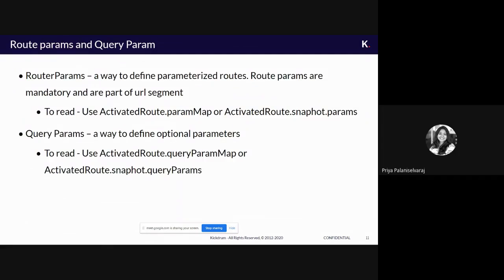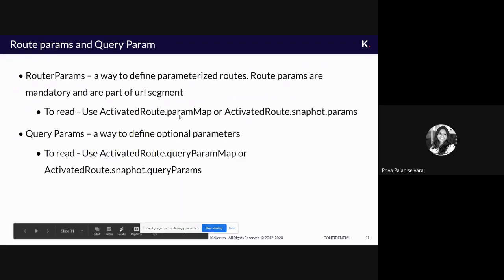Route params and query params. So a route param is nothing but a value passed in the URL. There may be some information in the URL you want in the particular component so that you can render it. In the example we have seen previously, you need the selected course detail so that you can display the details of the course.